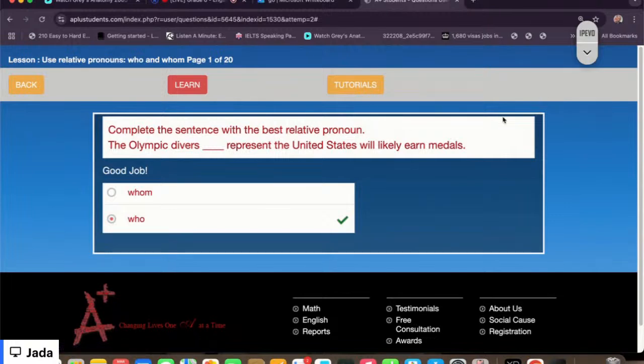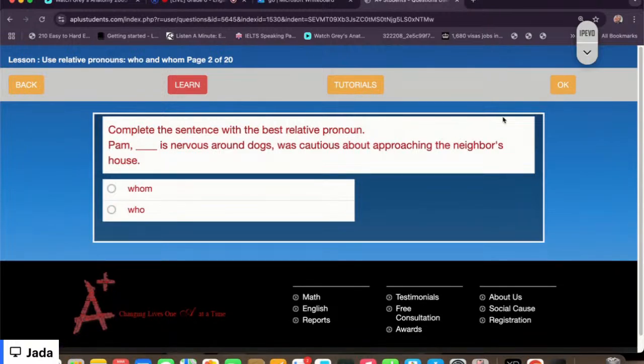So you can say who represent the United States. So you can restate it and say they represent the United States.